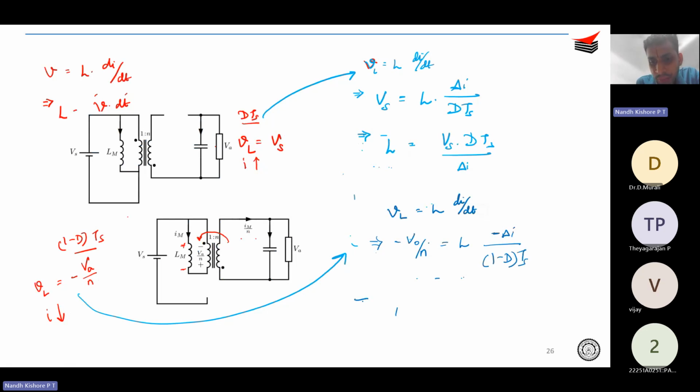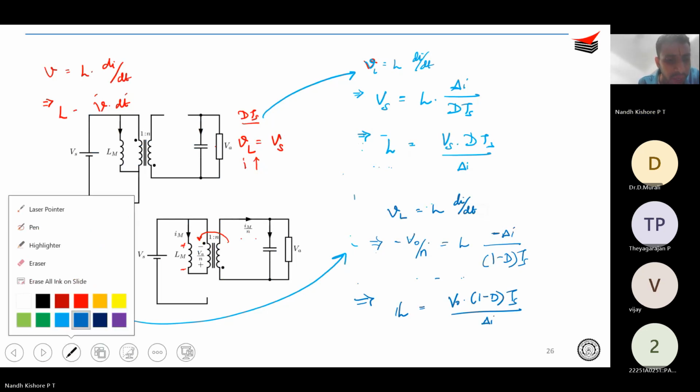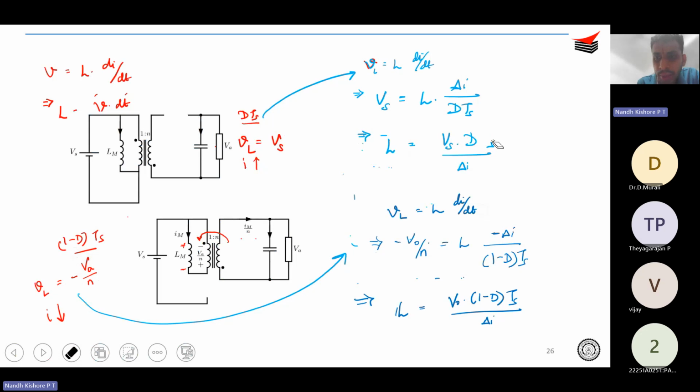So (1 minus D)Ts. Therefore, L is equal to Vo into (1 minus D)Ts divided by delta I. I can bring Ts to the denominator side, and I can write Fs.